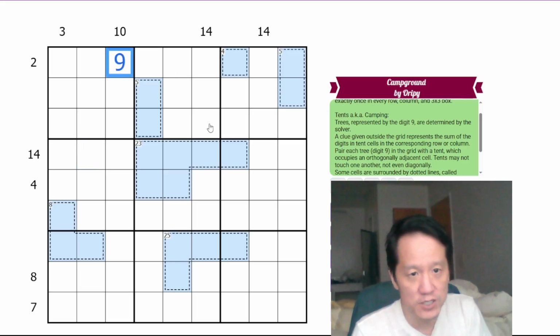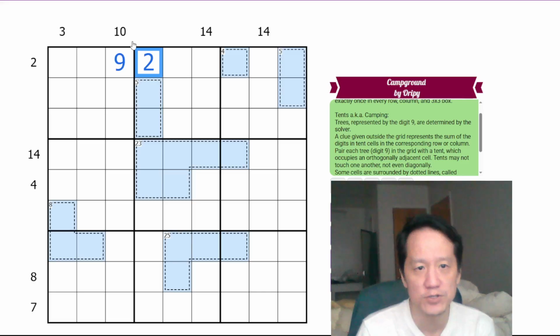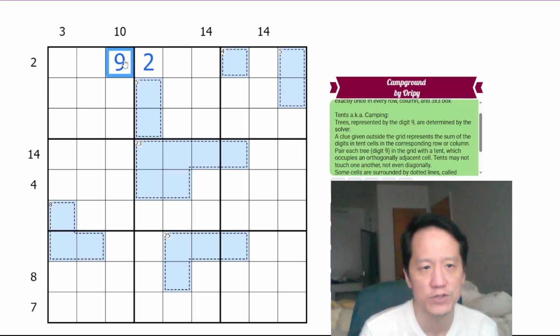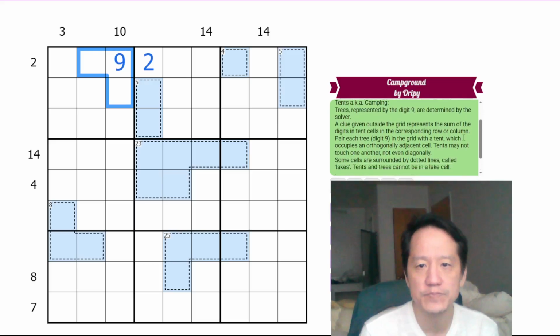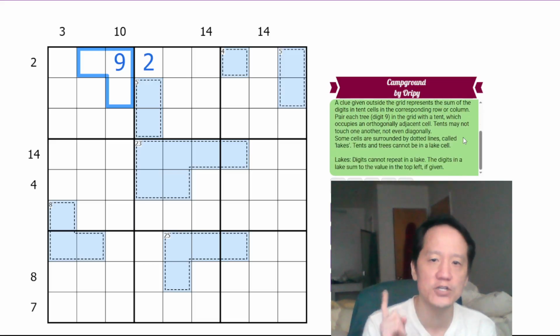So say this was a 9 and this was a 2, and this was the tent orthogonally adjacent to it, which means sharing an edge with this tree. And every tree, you must pair with a tent in the grid.